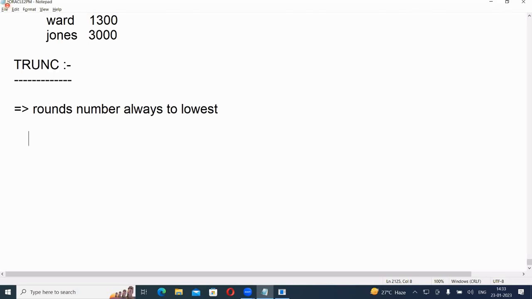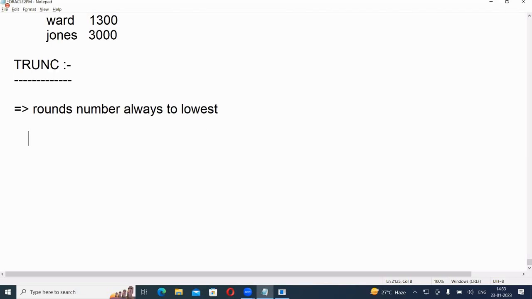What is the difference between round and trunc? Round rounds according to average. It checks below average or above average. I'm telling, this is a statement, not a question. The round function acts according to average.